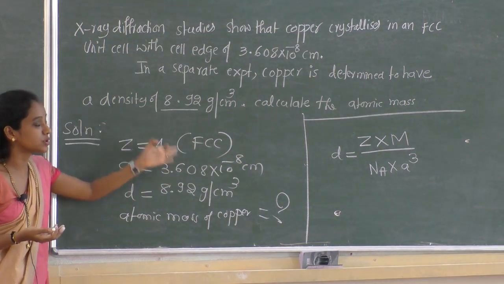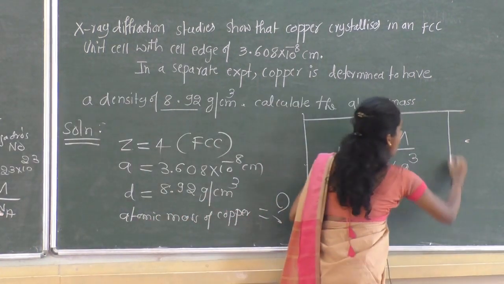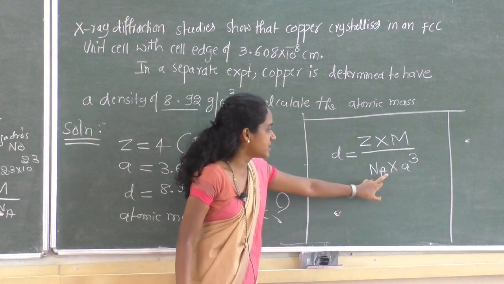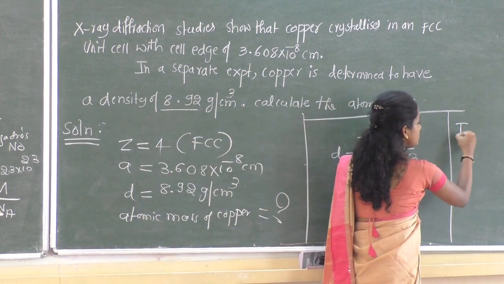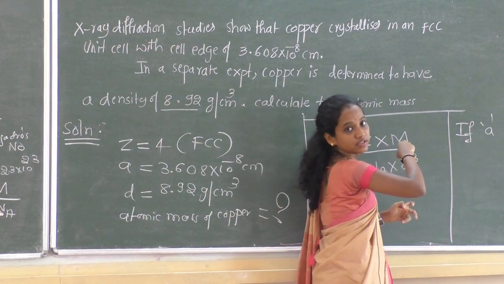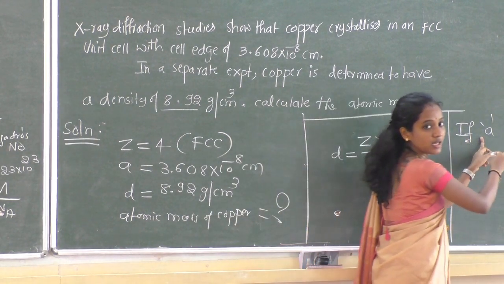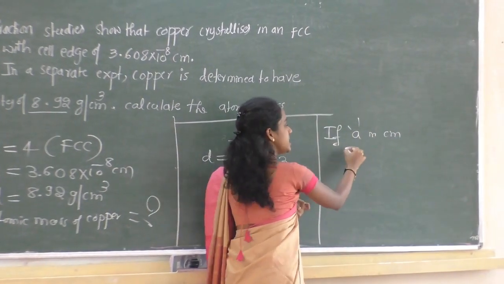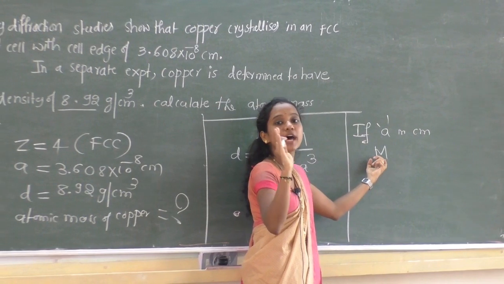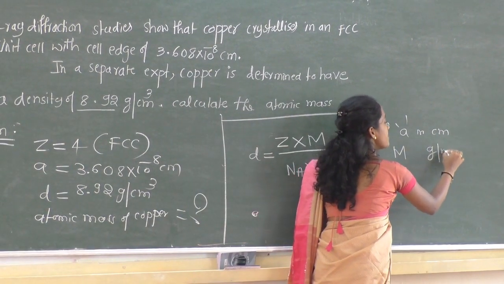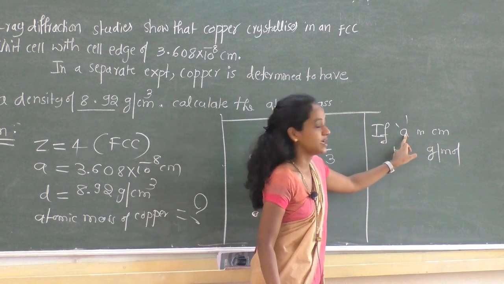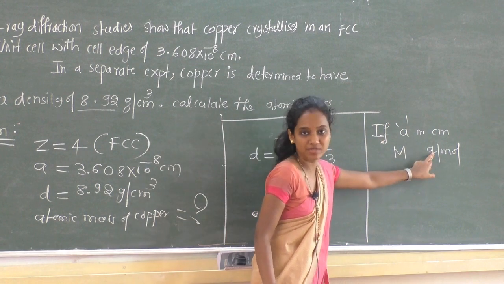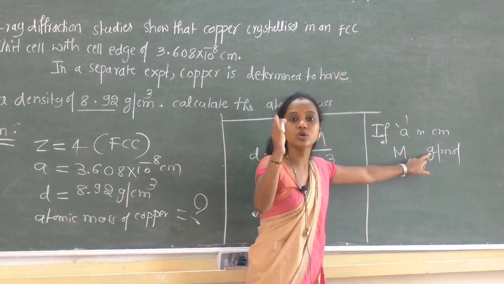One thing you remember while solving the problem: always check the unit of molar mass and edge length. If the edge length a is given in centimeters, then the unit of molar mass must be in gram per mole. If it is given in kg, then we need to convert it to grams.